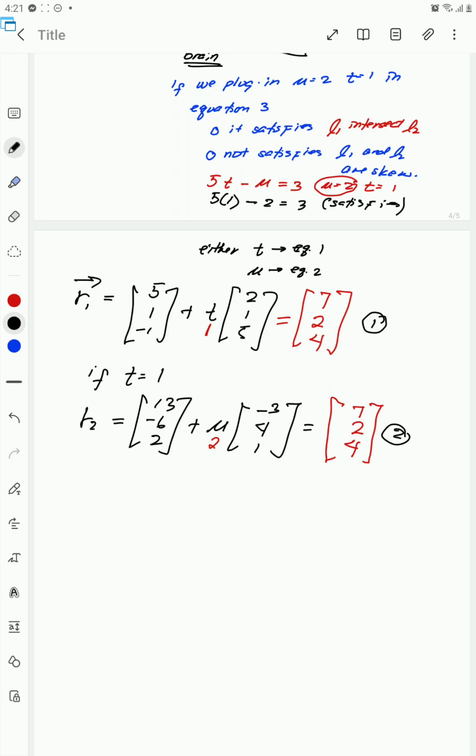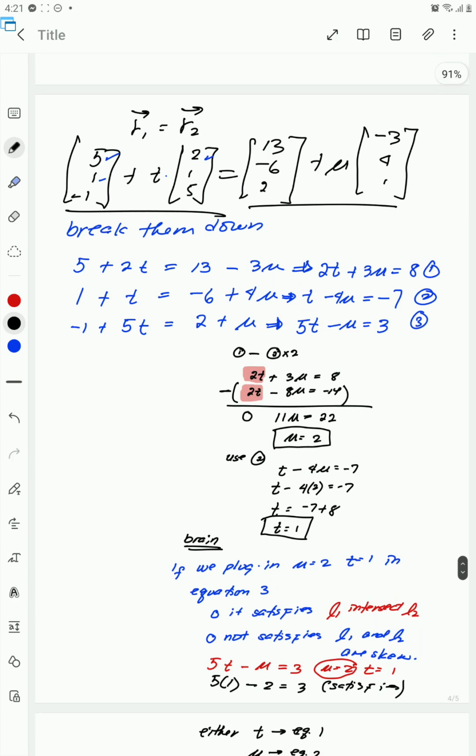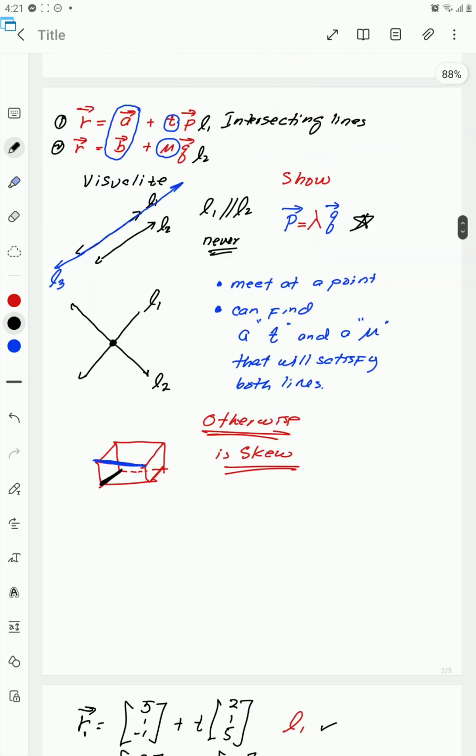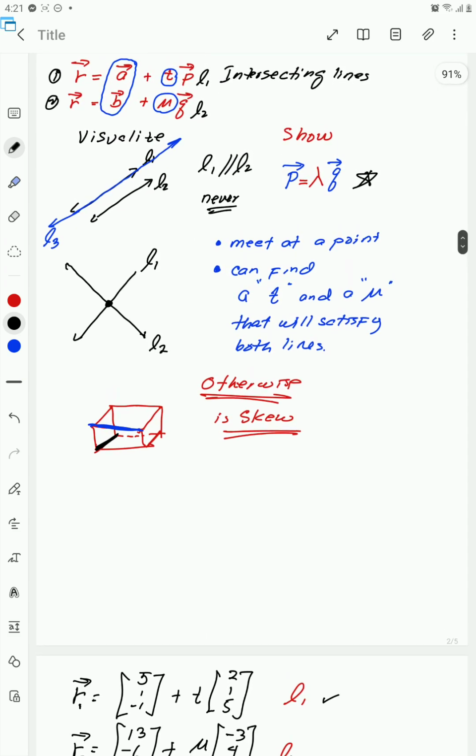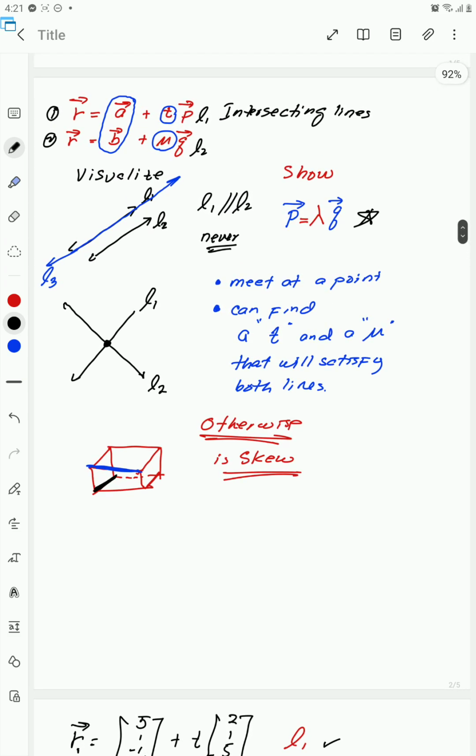So before I give you another example, let's just try to review this one just to make sure that you understand. There are 3 possibilities for 2 lines. The first one is that they're parallel.